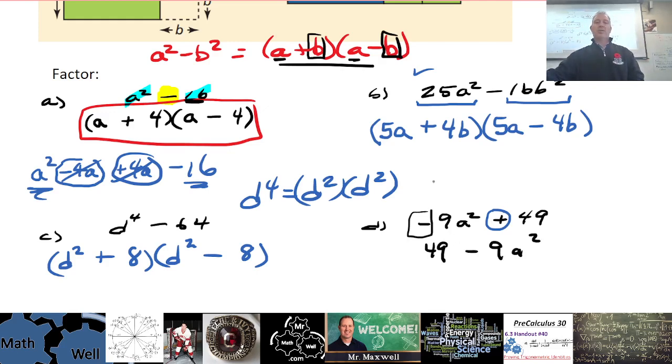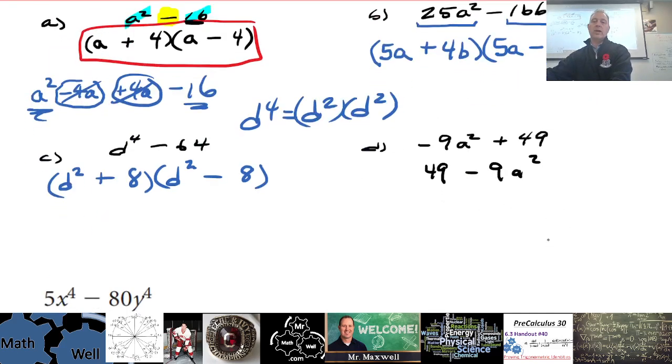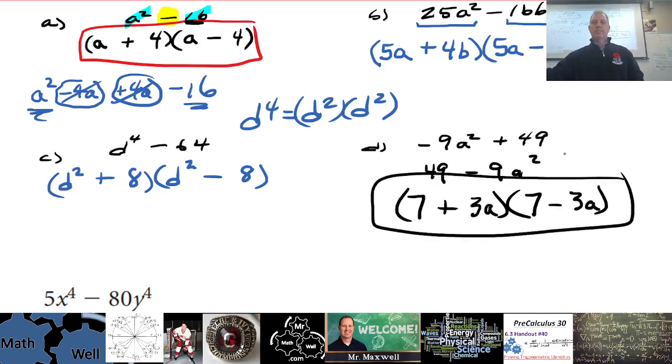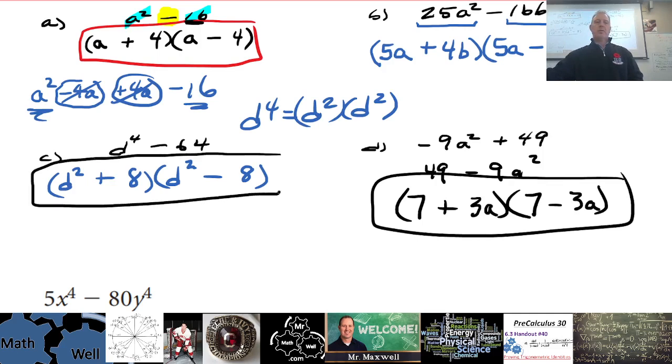So don't get fooled if there's not a minus sign in between the terms. This one is actually a difference of squares as well. So real quickly, we have 7 and we have 3a separated by a plus and a minus. Done. Okay, any questions at all about these examples I've given you?